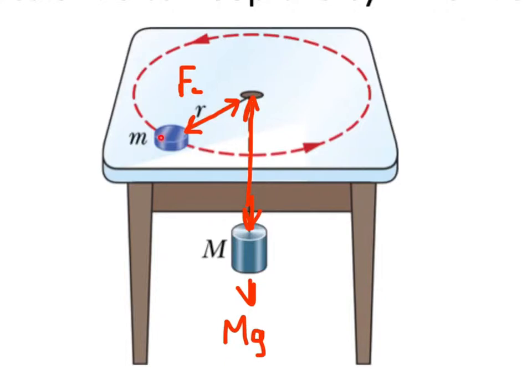So what we can say is that the net force on the puck is equal to the tension force in the string, and the tension force in the string is really equal to the weight force of that hanging mass, Mg.